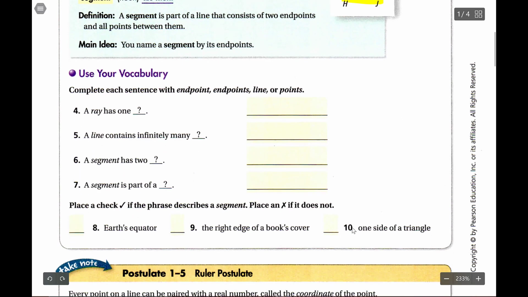Here we're going to use the vocabulary. We have some words that we want to place in or define, whatever the case might be. Here we're simply filling in some blanks. A ray has one: endpoint, endpoints, line, or points. A ray has one endpoint.